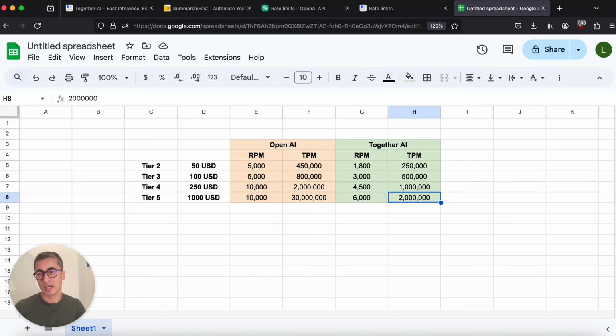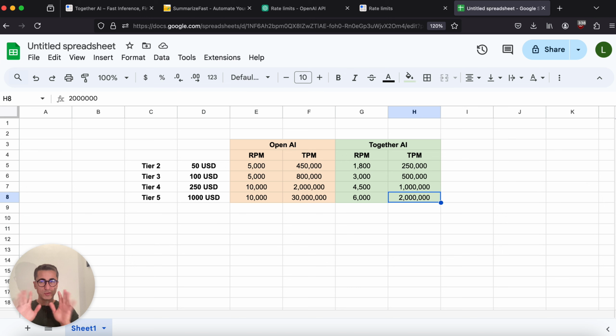Which is also important in my case because my product, Summarize Fast, is supposed to help my customers save a lot of time, so the responses are supposed to come back as quickly as possible. And the responses are coming back a lot quicker in the case of OpenAI compared to TogetherAI.